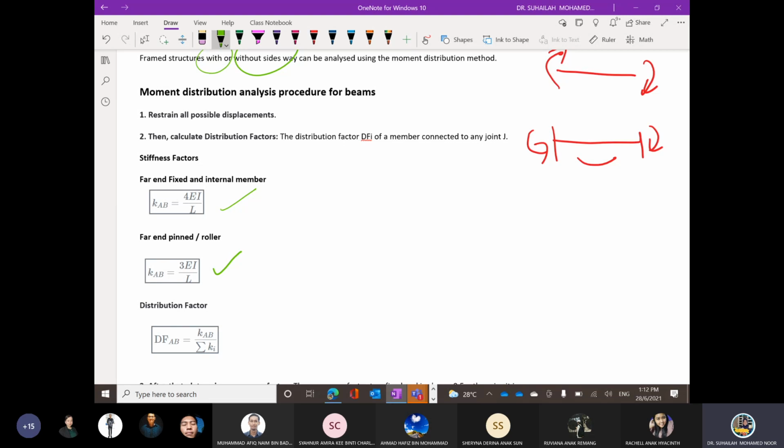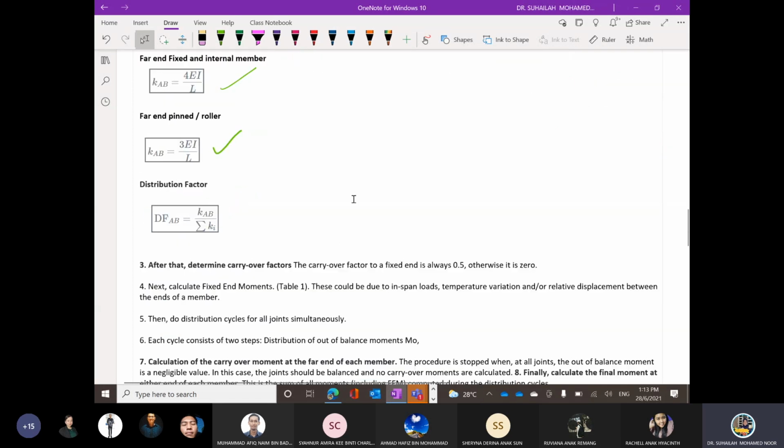For fixed end and internal member, we use 4EI over L. For end pin or roller, we use 3EI over L. And the distribution factor is equal to K divided by total K, where K is the member stiffness divided by the joint stiffness.